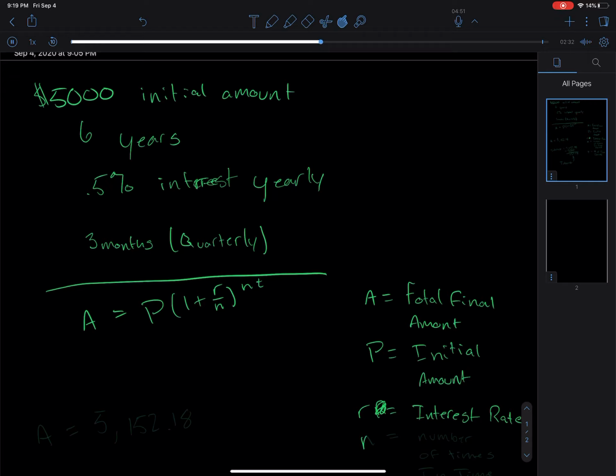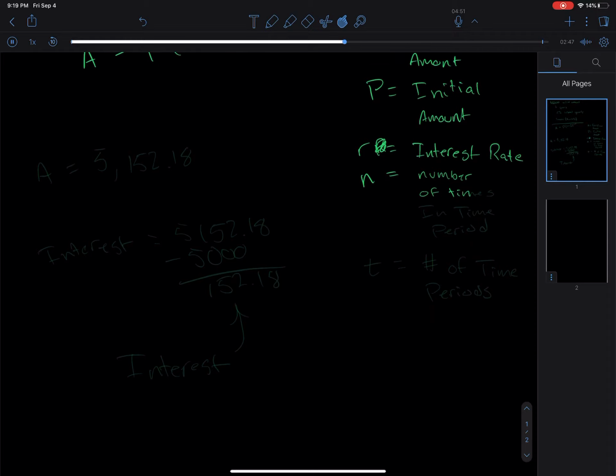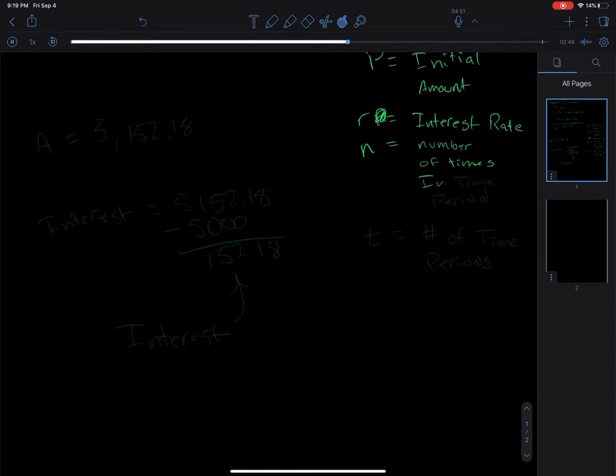The n is the number of times it's applied during any kind of time period. And then finally, t is the number of time periods that go by.